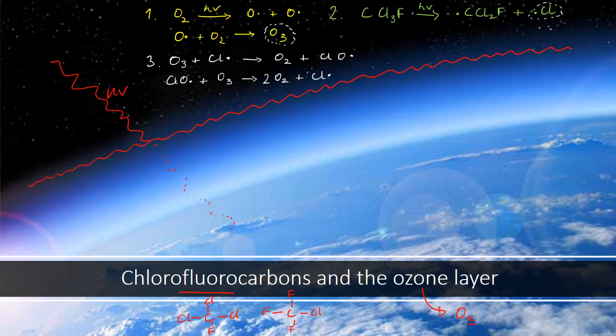So this chlorine free radical then makes its way around to here and reacts with another ozone molecule in another first step reaction like that, and on and on and on. So just by creating one chlorine free radical, they go on to destroy lots of different ozone molecules because they're recreated.